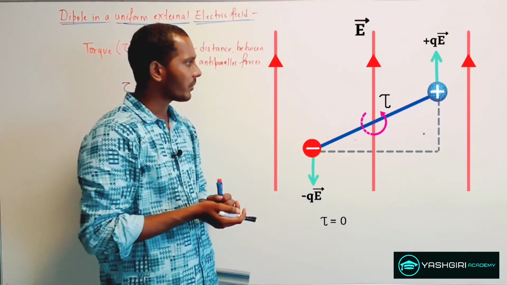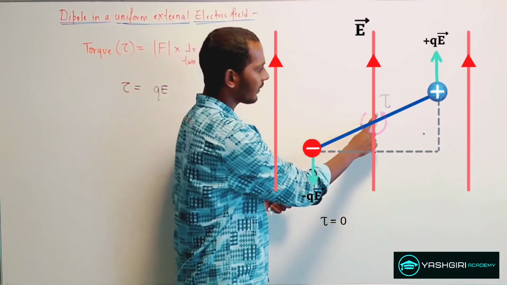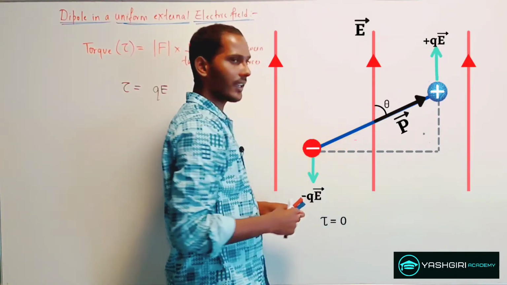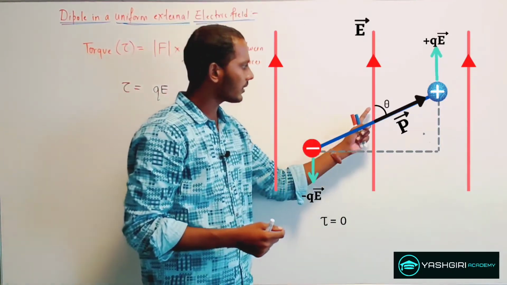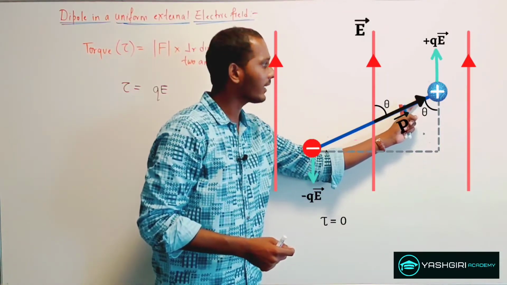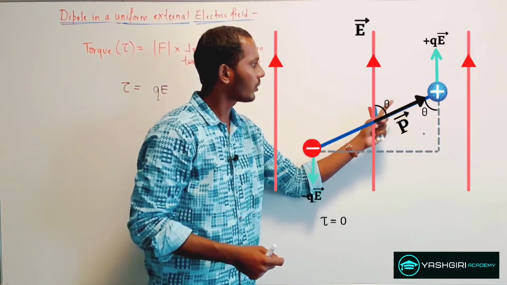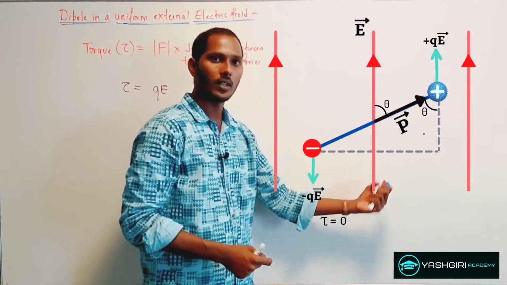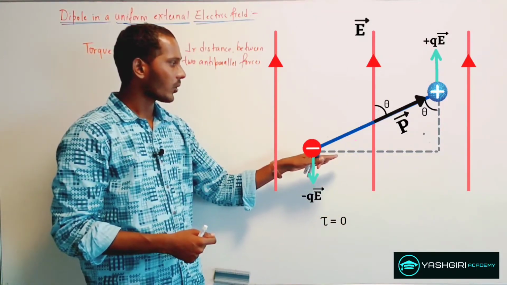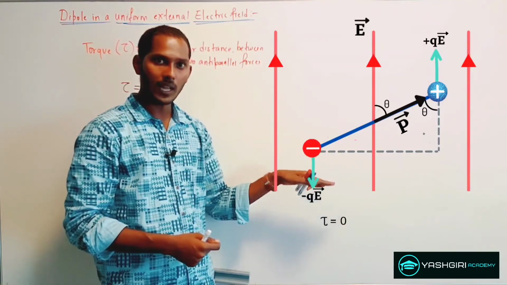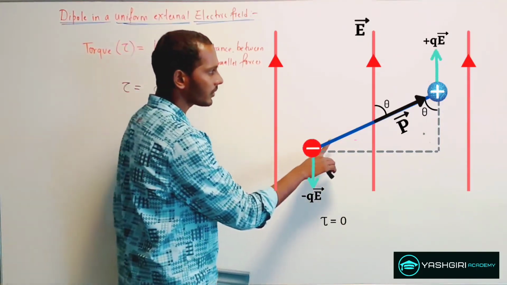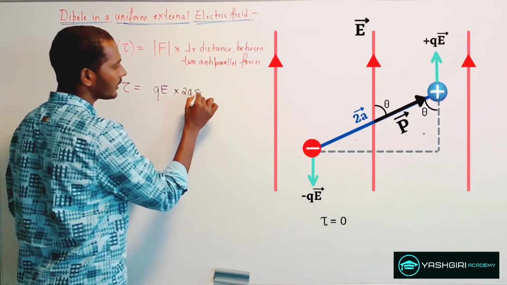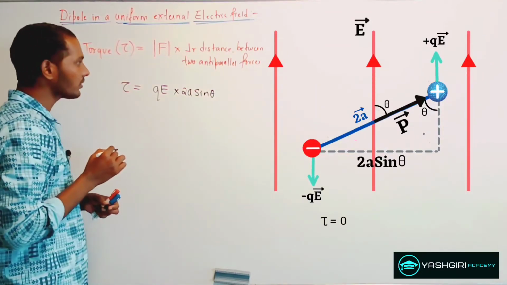Looking at the geometry, there is an angle theta forming between vector P and vector E, and this theta is exactly equal to the angle forming over here. So I can get the opposite side of this triangle using sine theta equals opposite upon hypotenuse, and the hypotenuse is nothing but the distance of separation, 2a. So the distance is 2a sine theta. That's the relation I have got.